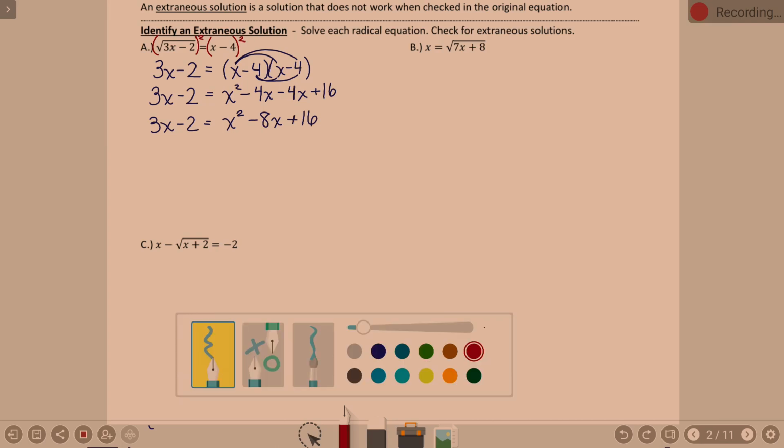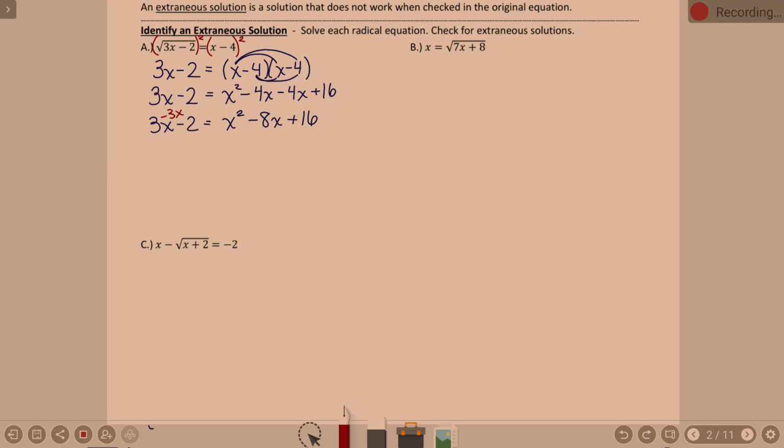So I'm going to subtract 3x over, and I'm going to add 2 over. So now I have 0 equals x squared minus 8x and minus 3x is minus 11x plus 16 plus 2 is plus 18.